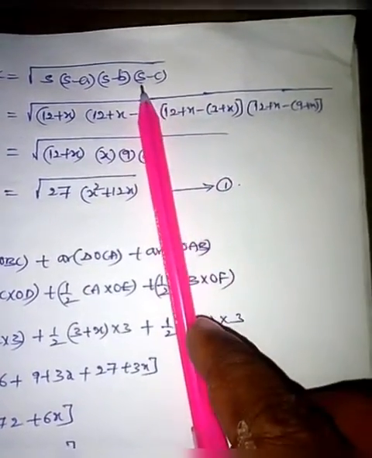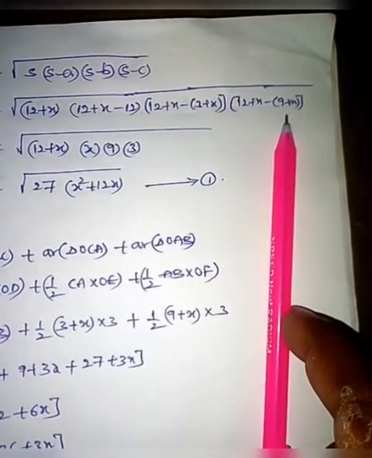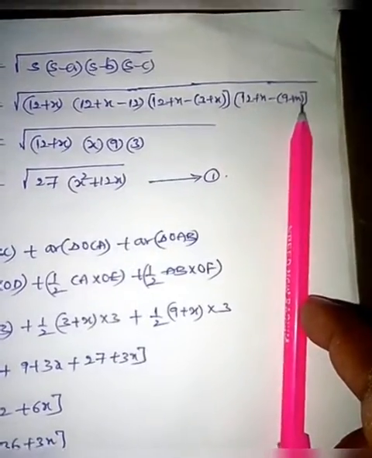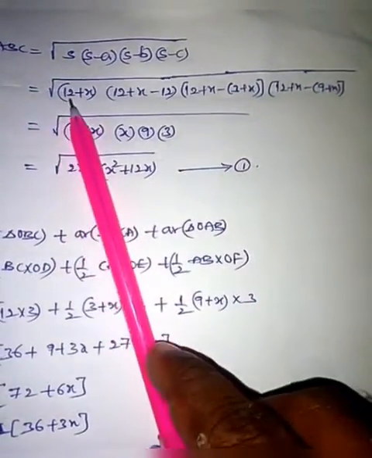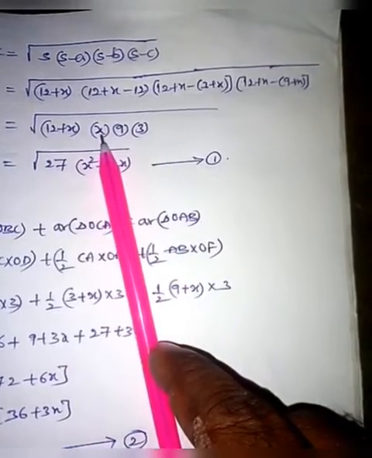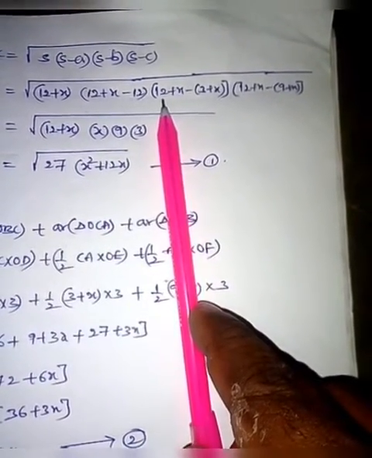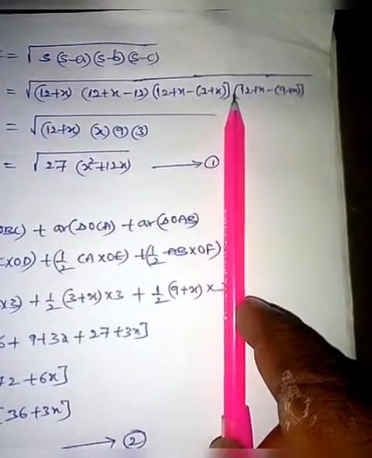Now coming to the third one, s minus c, s is 12 plus x, minus c means 9 plus x. Simplify this: 12 plus x minus 12, the 12 minus 12 gets cancelled, so the remaining value is x. Now the third bracket, 12 plus x minus (3 plus x).